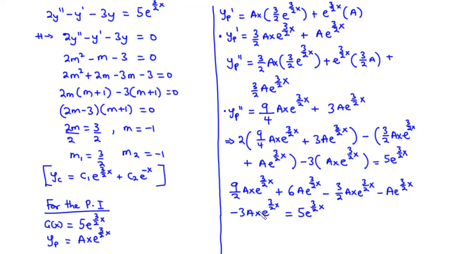Now let's try to see if we can cancel out like terms. So here we have 9 over 2 ax, we have minus 3 over 2 ax, and then we have minus 3ax. So 9 over 2 minus 3 over 2, because the denominator is the same, we work out the numerator.